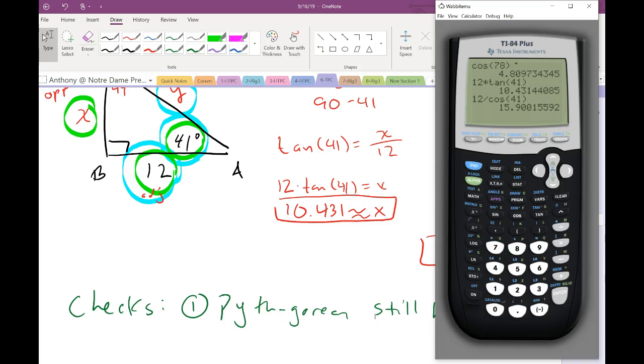So let's do that on our calculator. So we should have that 10.431 squared plus 12 squared. That number should be about the same thing as this 15.900 squared. Is that close enough?